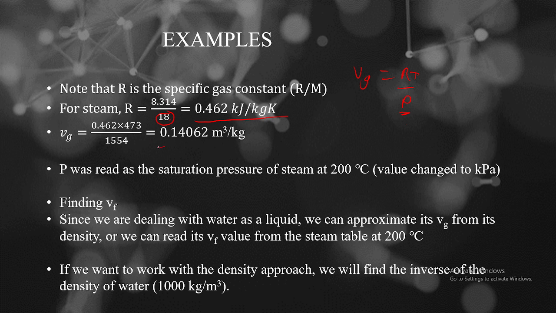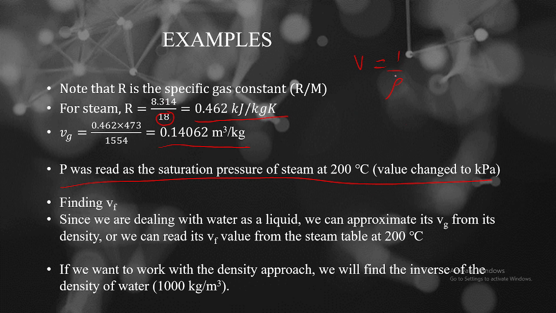So our Vg is going to be 0.14062 meter cube per kilogram, right? So as I said, P was read as the saturation pressure of steam at 200 degrees Celsius, and I changed the value to kPa. I want to find the volume of the liquid, in the liquid phase. So for Vf, we can use the density of water to do this, right? Because you know that the specific volume is equal to 1 over density.